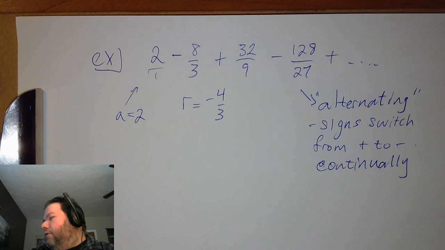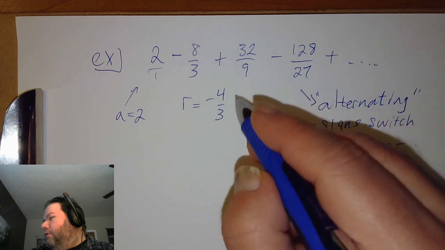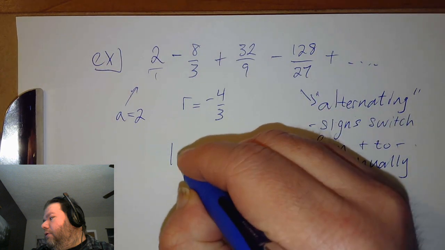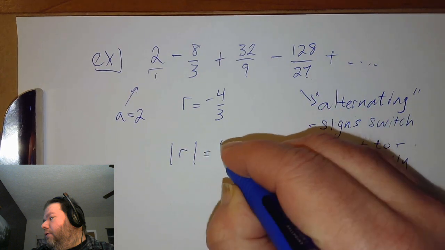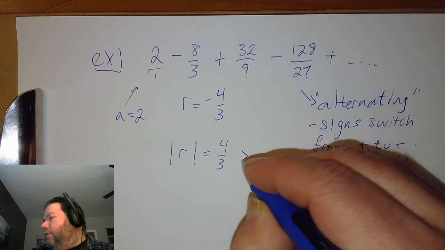Okay, so alternating we define as any series where the signs switch from plus to minus continually. So this is an alternating geometric series, just to add on an adjective there. But our ratio is negative 4 over 3. Now, the absolute value of r is 4/3. Now, that's bigger than 1.